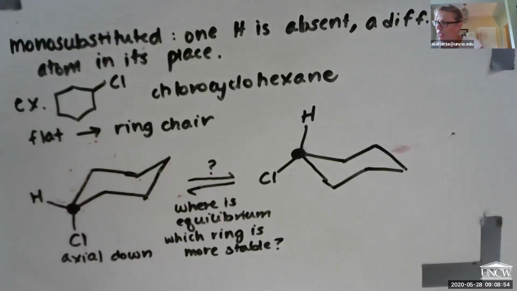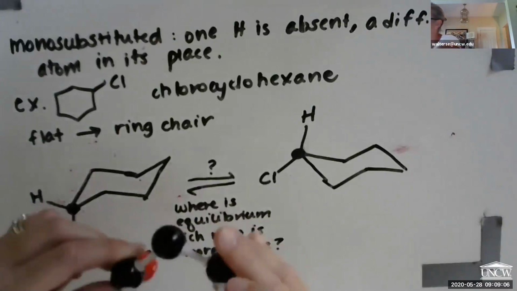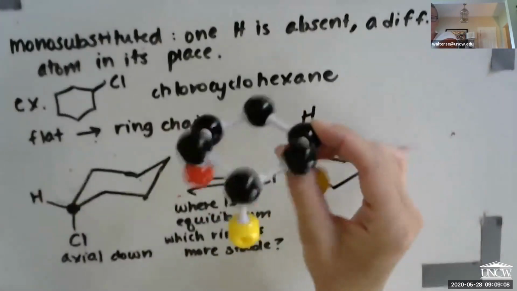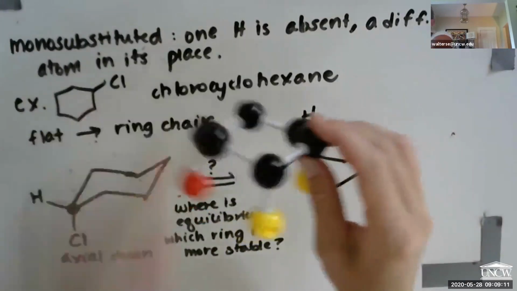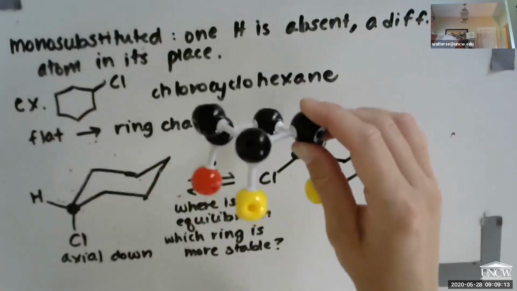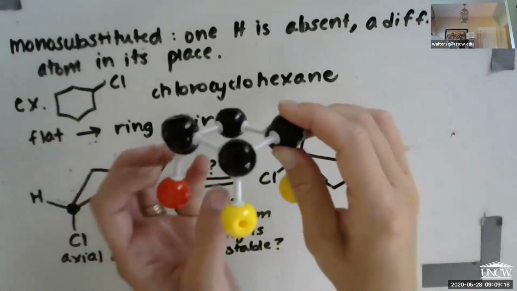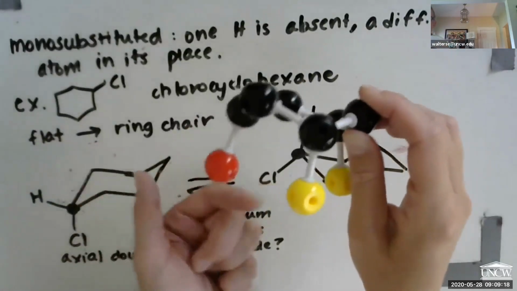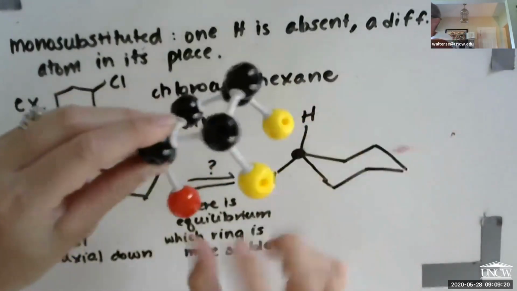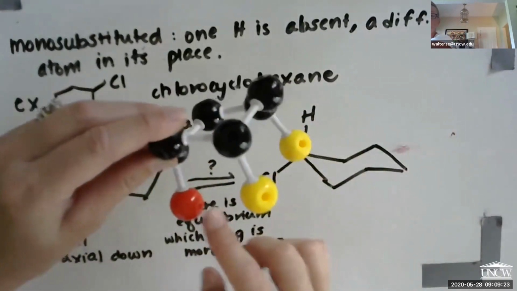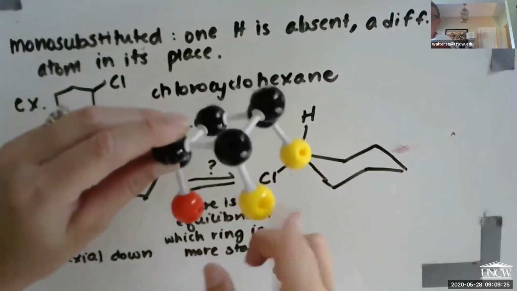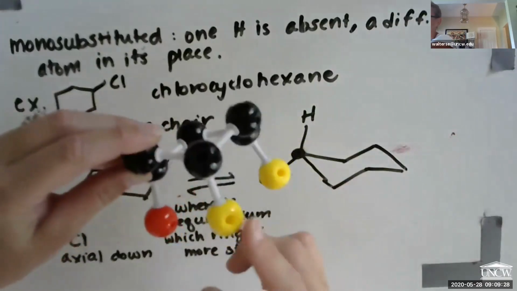So when you have a non-hydrogen group in an axial position, it looks like this, and the chlorine is the red. Chlorine is a big atom and it has a very large electron cloud. That electron cloud on this chlorine is going to bump the electron cloud from this hydrogen and this hydrogen.